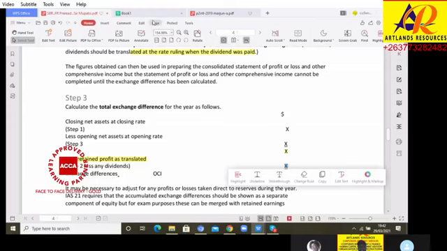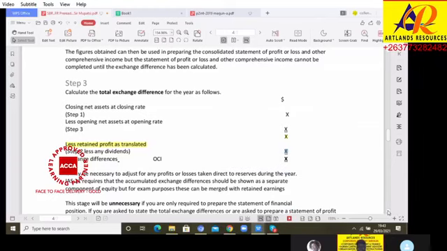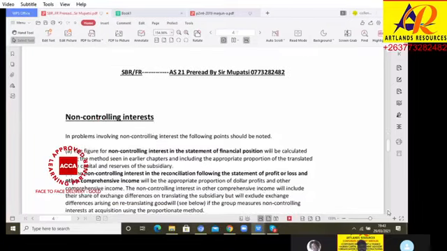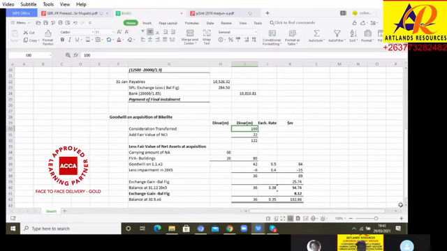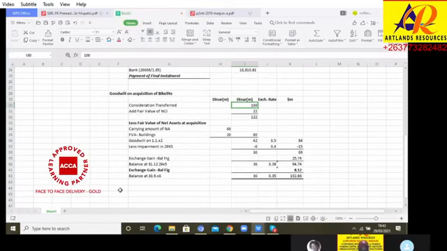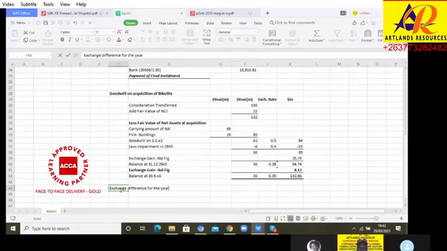Then they are saying include a calculation of the exchange difference. So we are going to use this template. Include a calculation of the exchange difference for the year ended 31 December 2026. So we are now saying exchange difference for the year ended 31 December 2026.